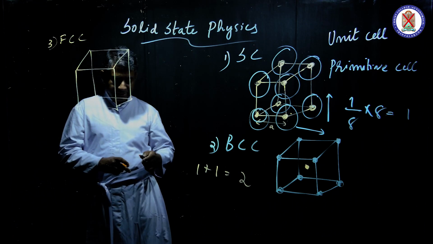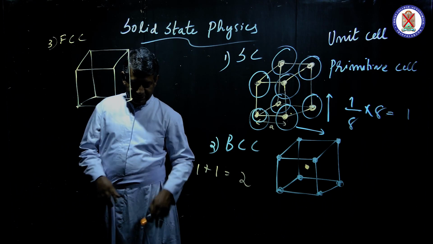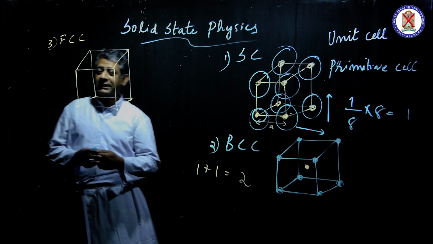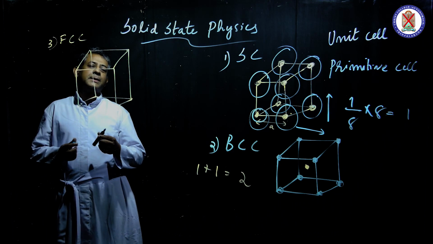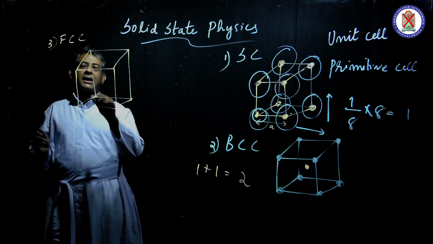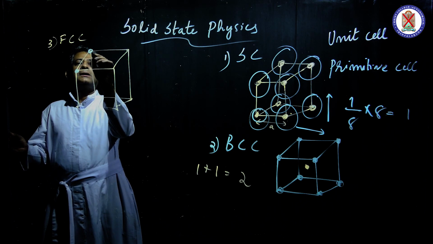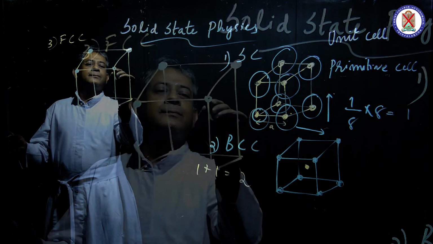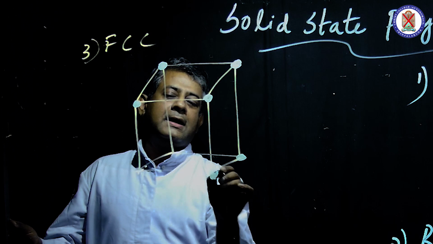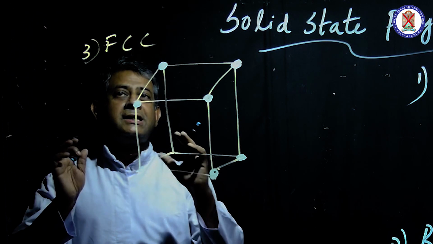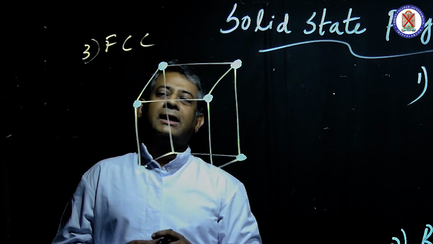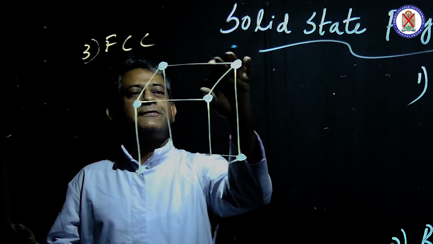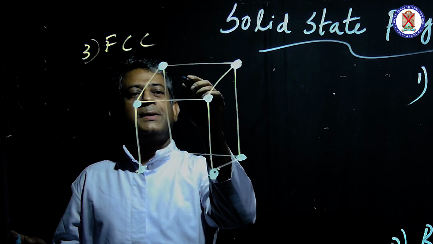The third cubic structure which we are going to explain here is FCC, the face-centered cubic structure. What are the lattice points? As I said earlier, these are all the lattice points. Apart from it, each face will have a lattice point. This is a face, the top face. There will be a lattice point here.